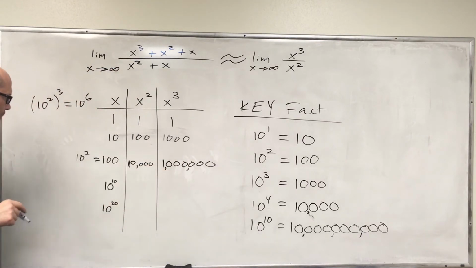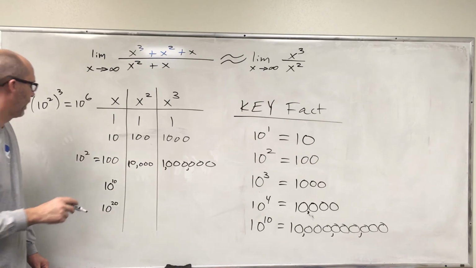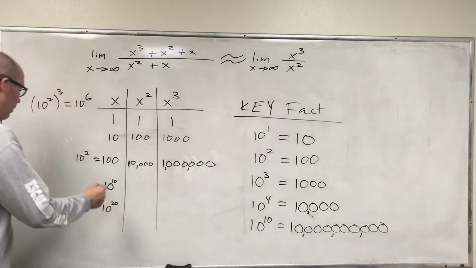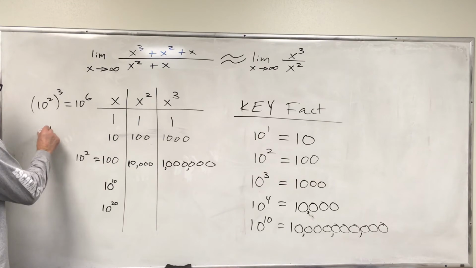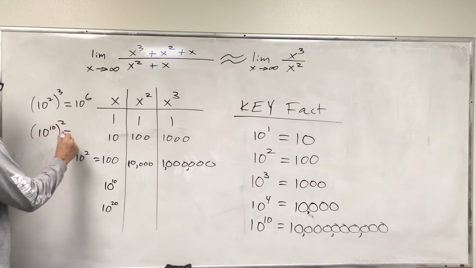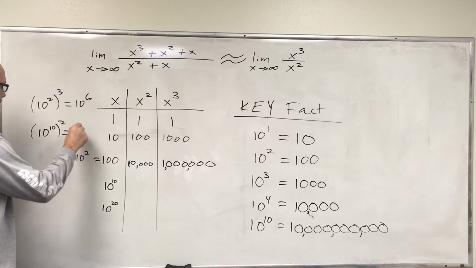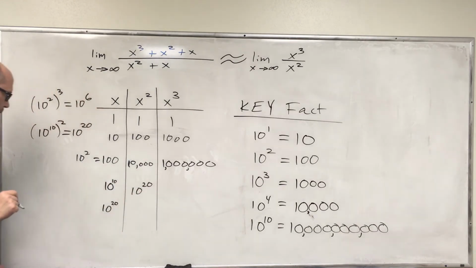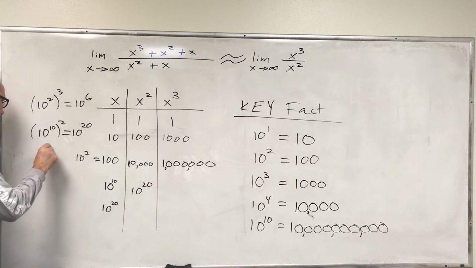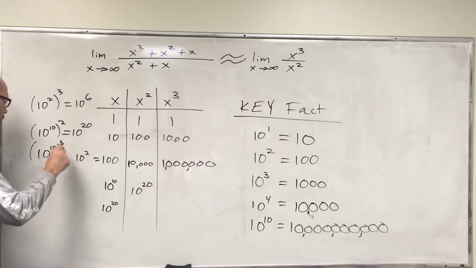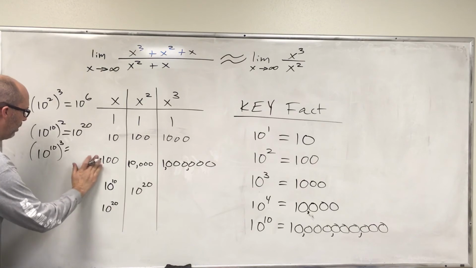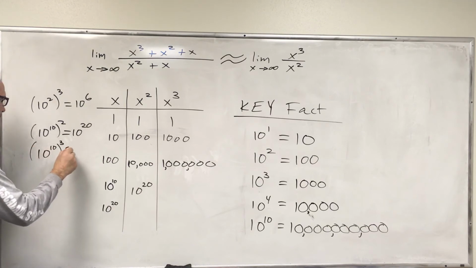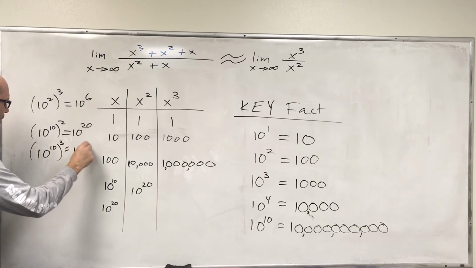Right, that's a million. Okay, 10 to the 10 squared is 10 to the 2 times 10, that's 10 to the 20. 10 to the 10 cubed, that's 10 to the 3 times 10, that's 10 to the 30.